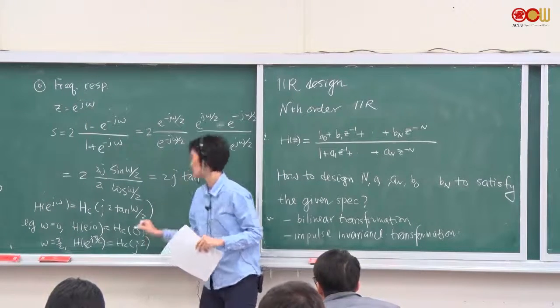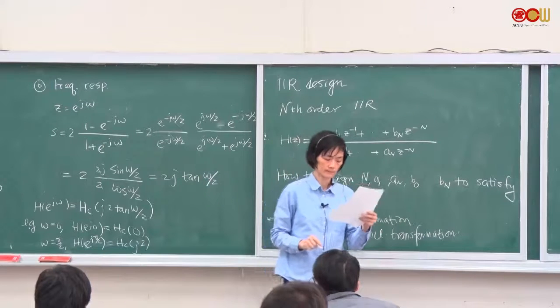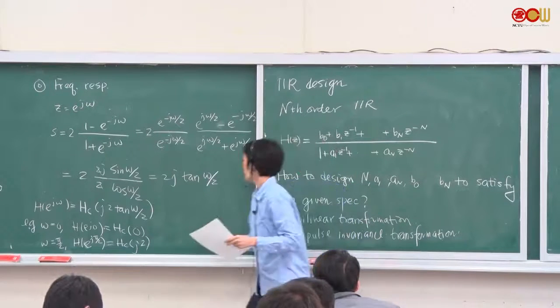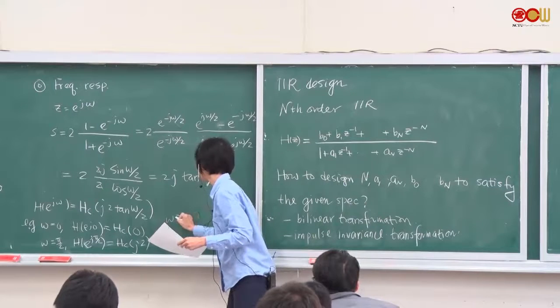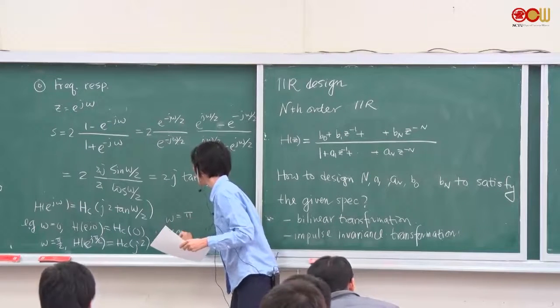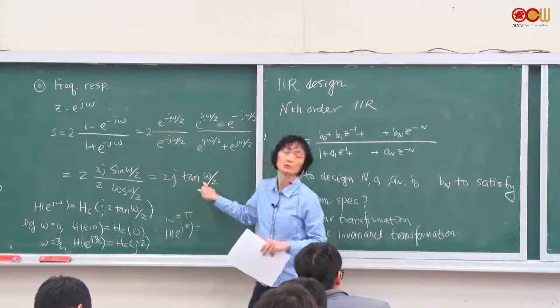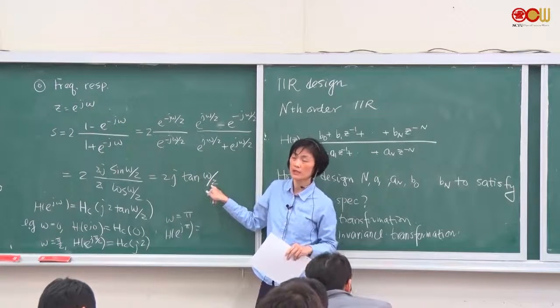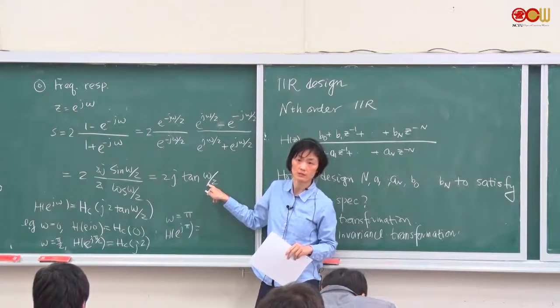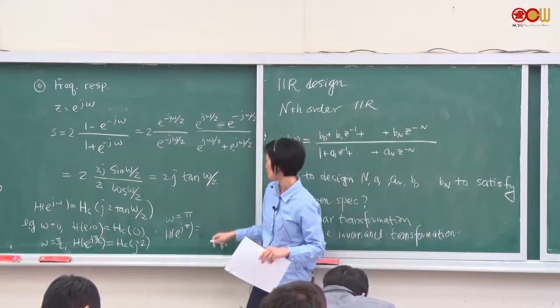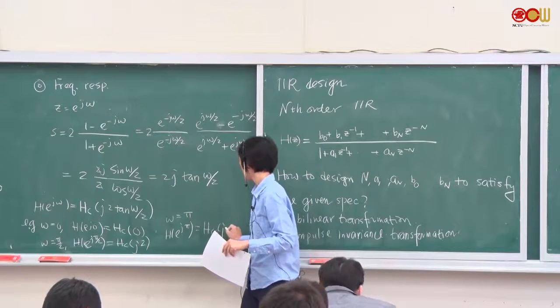So Hc(j2). Okay? And for example, omega is equal to pi, then this is e^{jπ}. Then we plug in pi over 2. Tangent of pi over 2 is infinity, right? So we get Hc(j infinity).